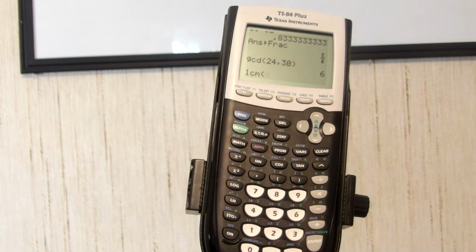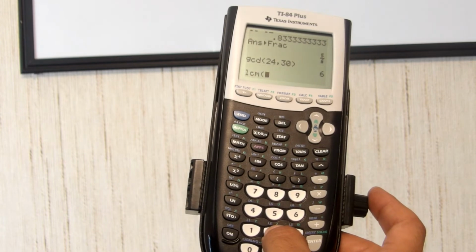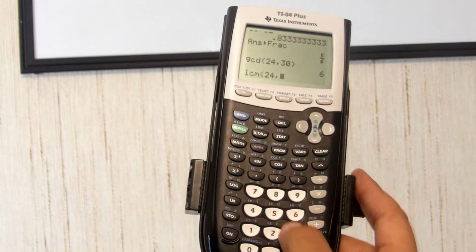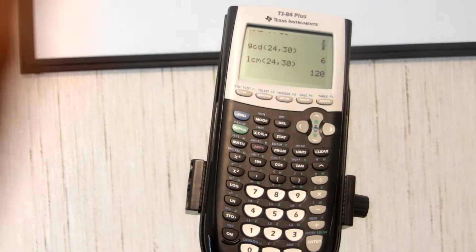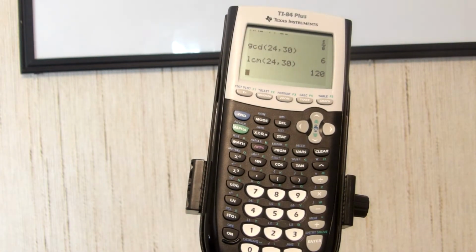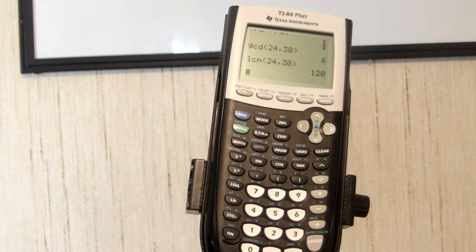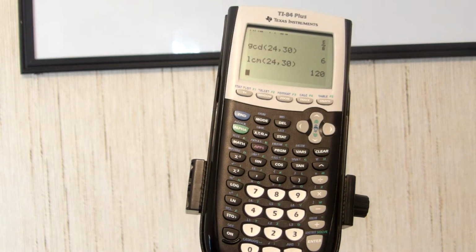Push this one and you put the two numbers that you want to find the LCM of. Like the same example, find the LCM of 24 and 30. It's going to be 120. In all exams in college, they let you use a calculator. You don't have to go to basic math to learn about those. But we'll talk about it later. You know how to get GCD and LCM of some numbers.